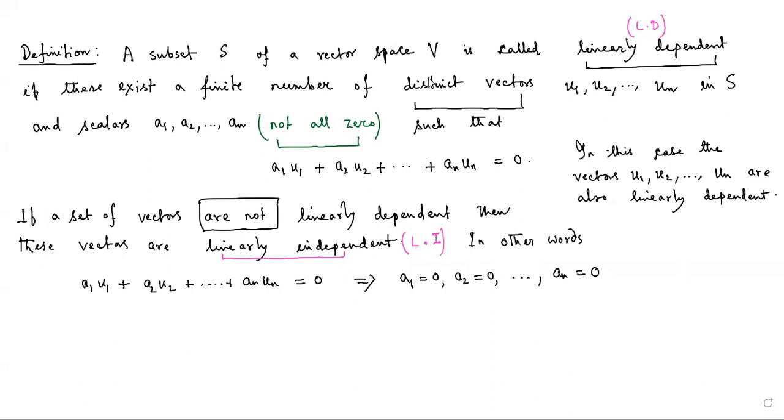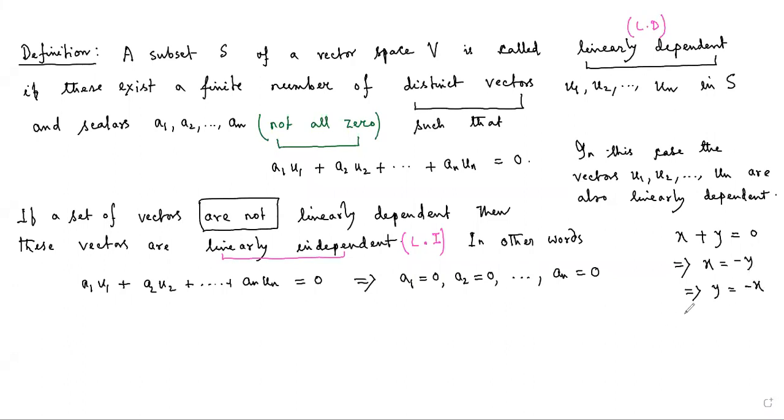Now what is it saying? Forget about the example that I was discussing in my previous session. Let's talk about what we are comfortable with: numbers. If I give you two numbers, x and y, and consider x plus y equal to 0, then you know that the solution is x equal to minus y, or y equal to minus x.